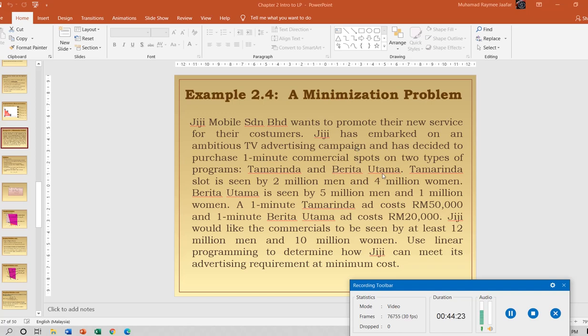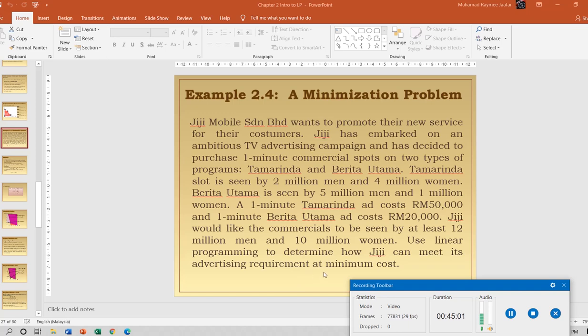So they need to decide. Jiji Mobile Sendirian Berhad needs to decide how many 1 minute commercial spots need to be purchased during Tamarinda and how many during berita utama so that they can minimize the cost. How to define the decision variables?